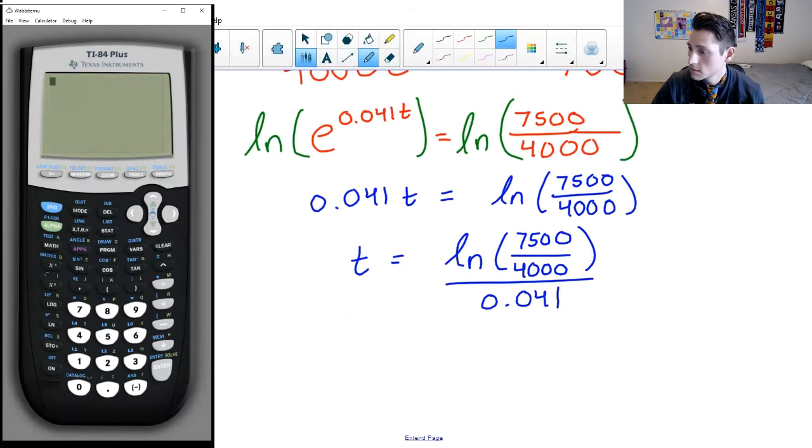And calculate. Natural log of 7,500 divided by 4,000, all over 0.041, all of it entered together at once.